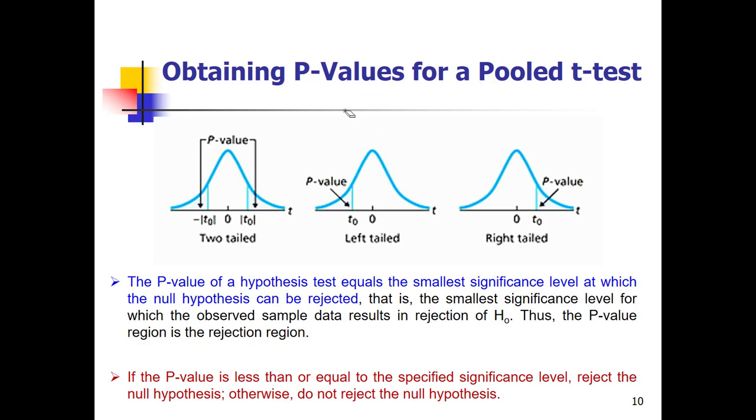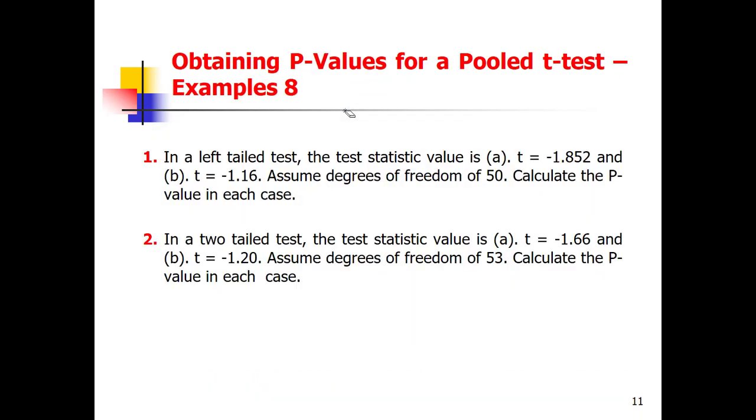Okay, so let's look at this example. Obtaining the p-value for a pooled t-test. I'm going to start with the first example. In a left tail test, the test statistic value T is here, -1.852.